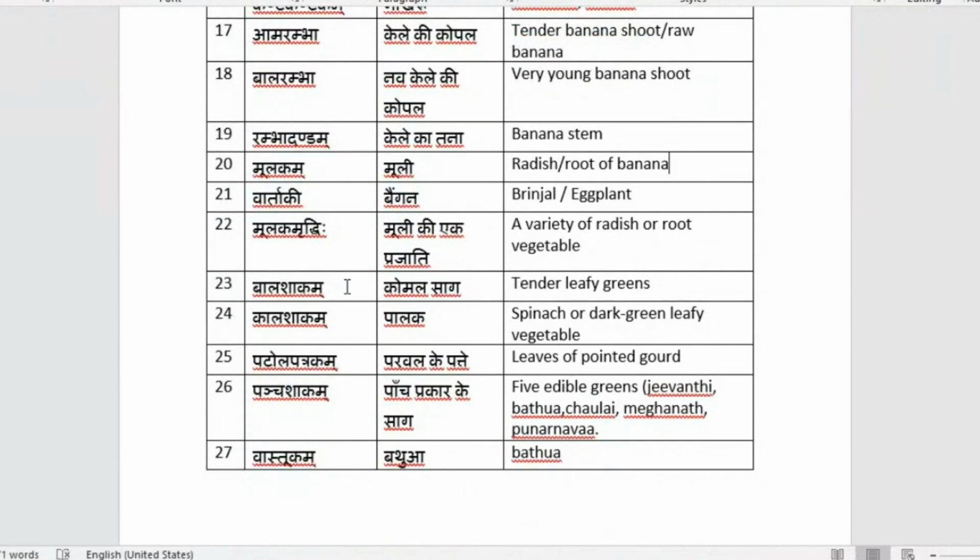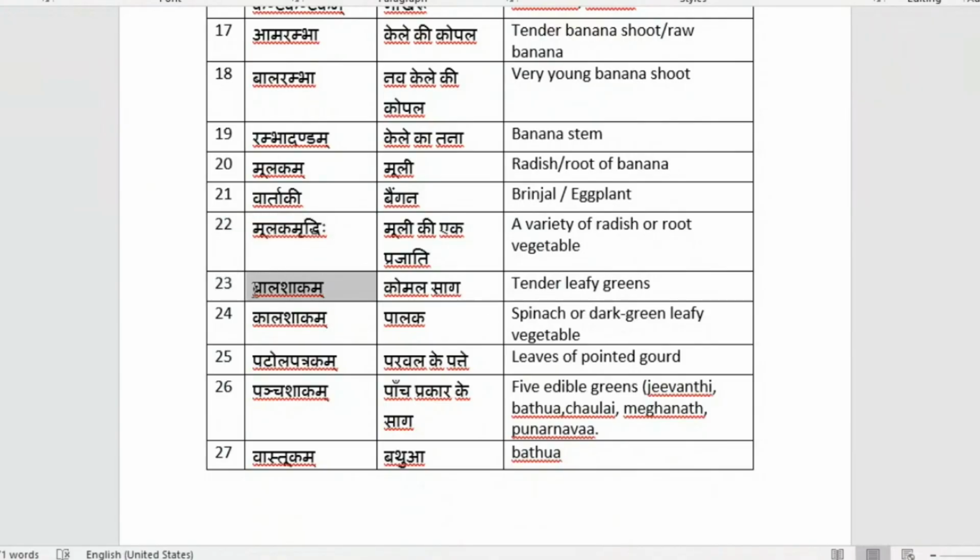Then is Bala Shakam. Now Bala Shakam is what we call kachcha shak, or sarson ka saag, sarson ka shak. But again, in English, if you translate, it has come as tender leafy greens. So remember it as Bala Shakam only.